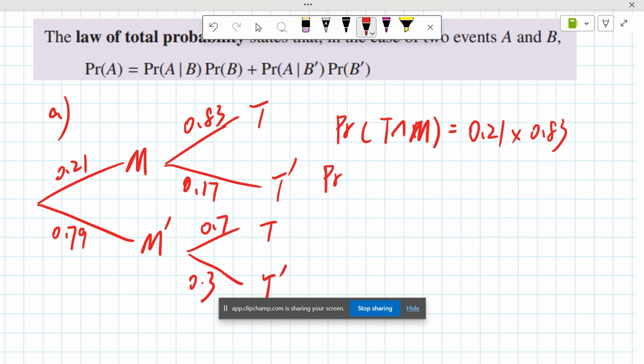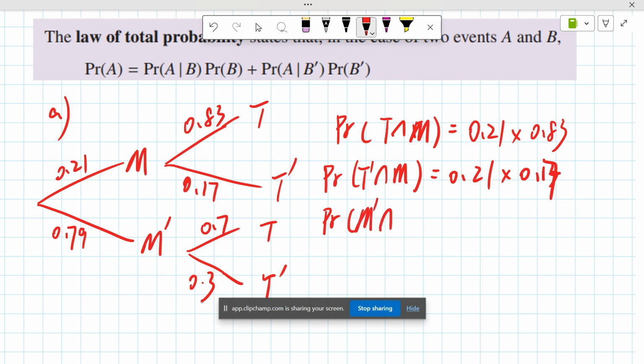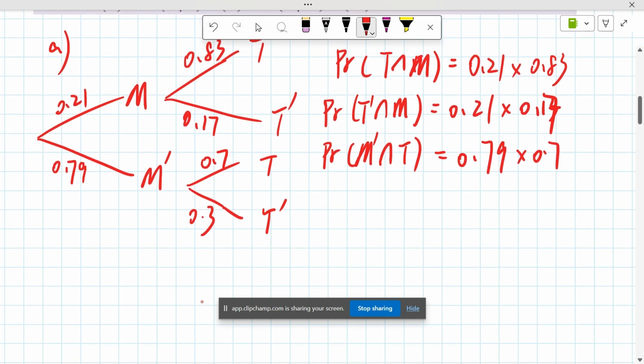The probability of not T intersect M will be 0.21 multiplied by 0.17. The probability of not raining Monday but raining Tuesday will be 0.79 times 0.3, and the probability of not raining on Monday and also not raining on Tuesday will be 0.79 times 0.7.